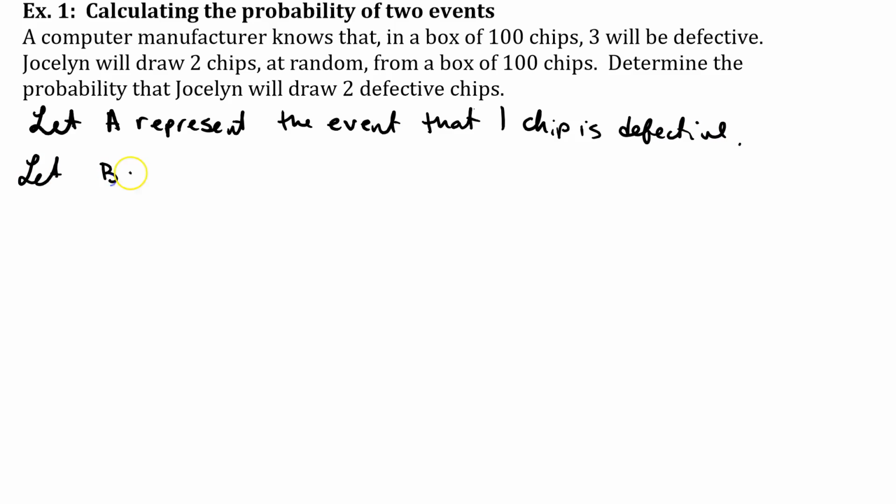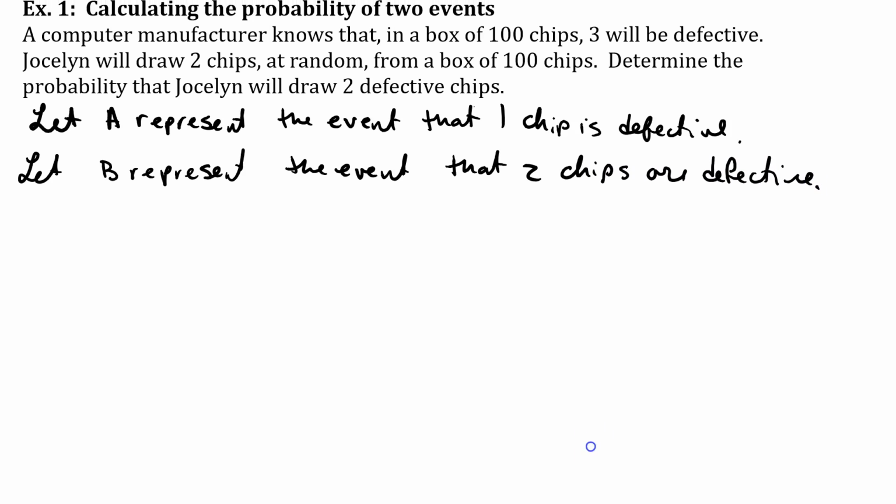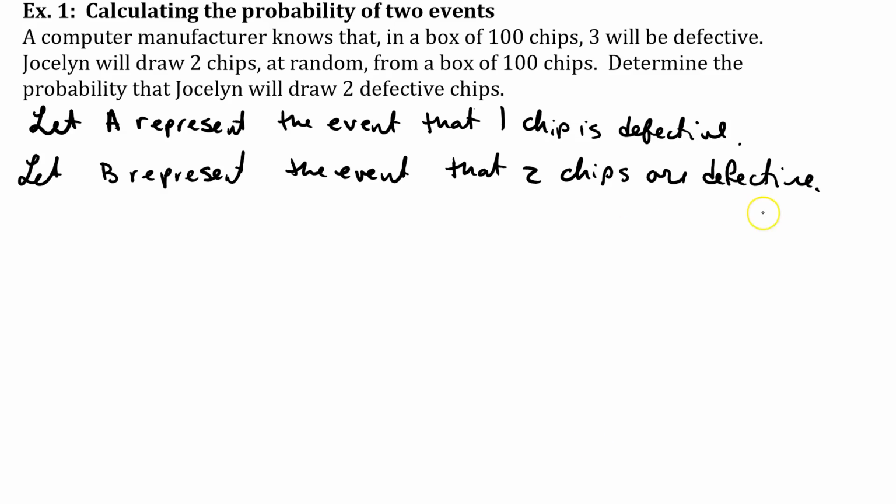Let B represent the event that 2 chips are defective. And so the unwritten stuff here is it represents the event that 2 chips are defective when pulling out one at a time.